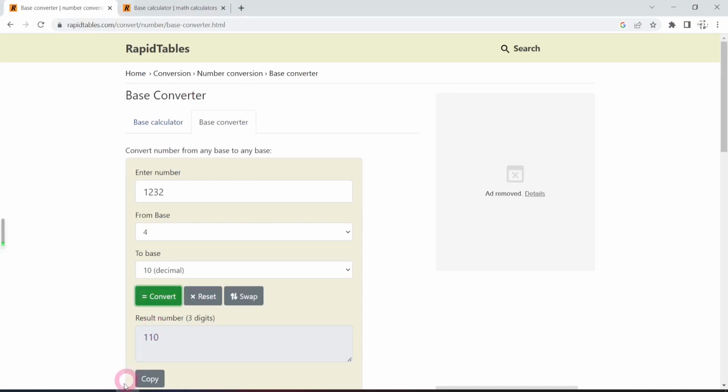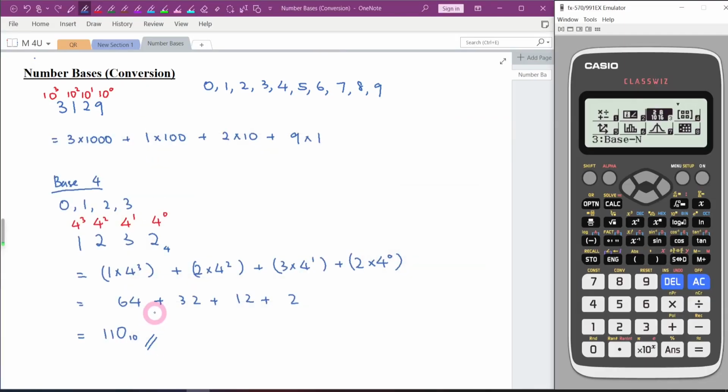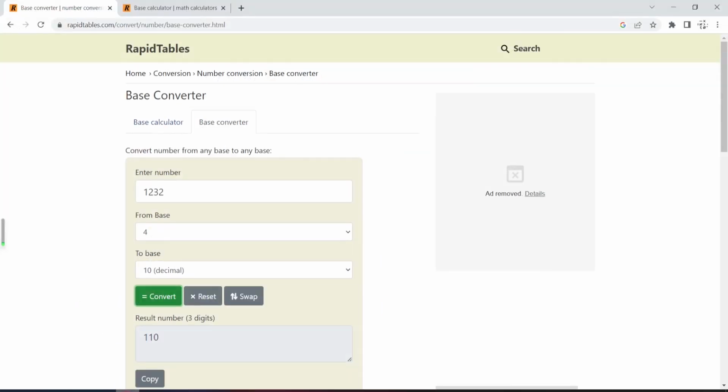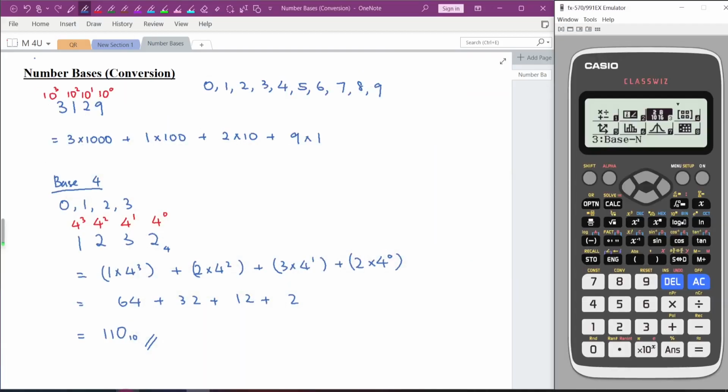But definitely you need to understand the basics, right? You cannot fully depend on your calculator or the website because in the exam you need to do it manually. But in the exam you still can use the calculator to help you to do the conversions for base 10, base 2 and base 8.